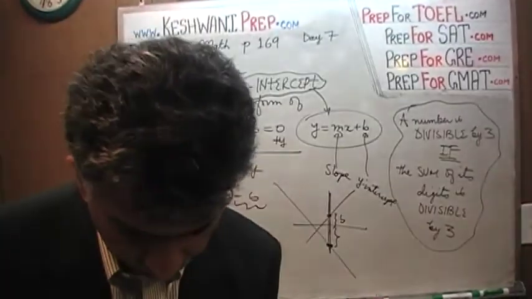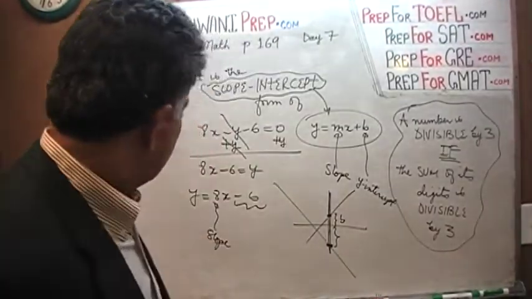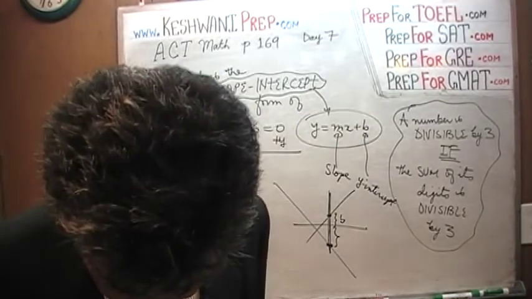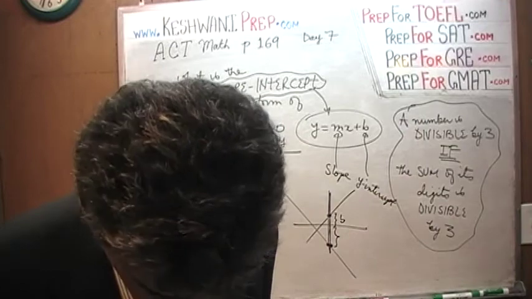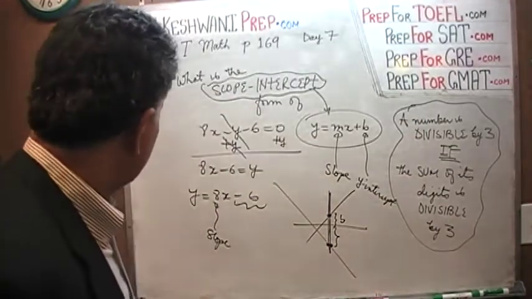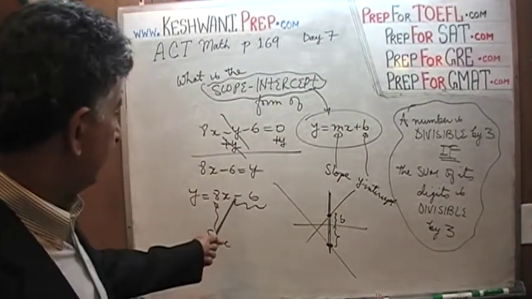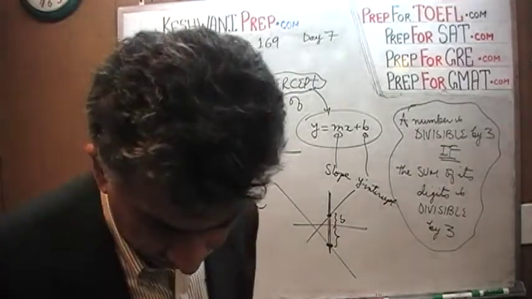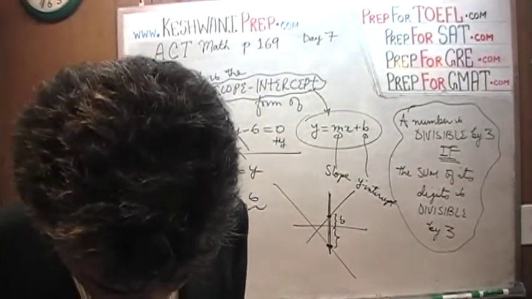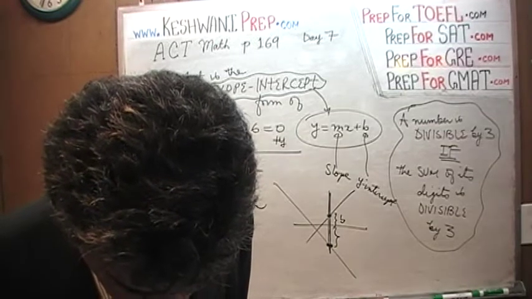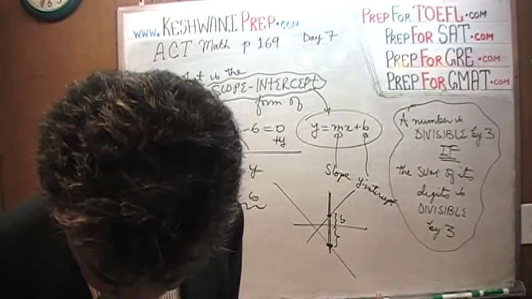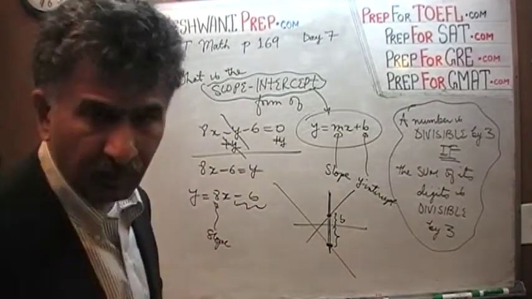Whichever answer choice agrees with that, 8x, it should be 8x minus 6, sorry, not 8x plus 6. I almost made a boo-boo. Listen, I'm not going to waste time looking for the correct answer that matches here.